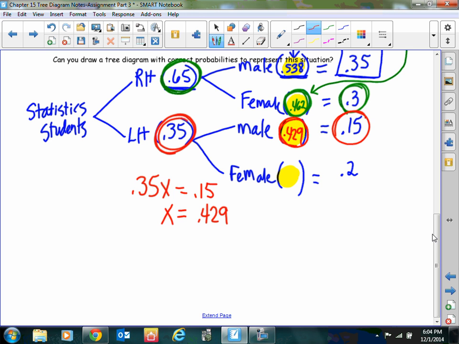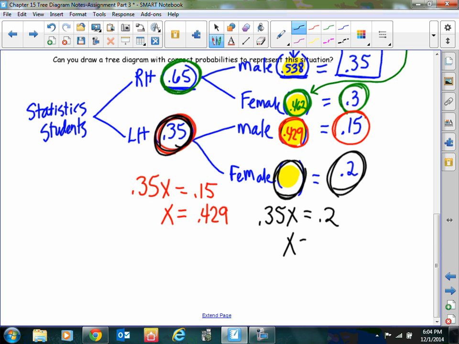And I'm going to do the last one here. 0.35 times some number equals 0.2, and that number comes out to 0.571.